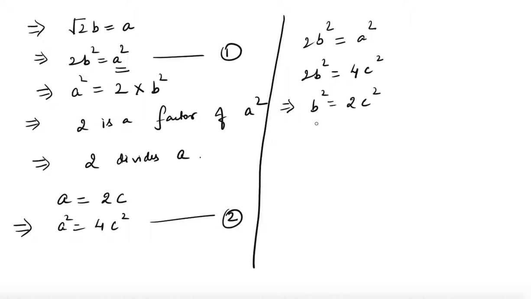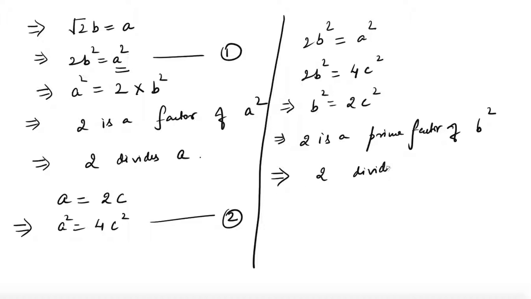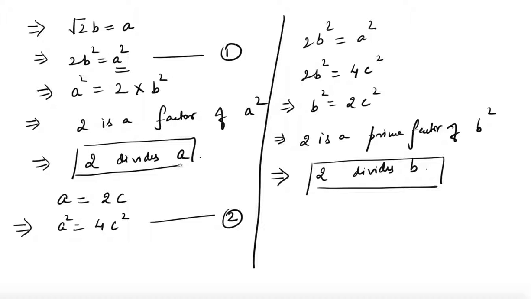So from here again we can interpret that 2 is a prime factor of b square, that is 2 divides b square. Then as per our initial theorem, 2 also divides b, right? This is what we concluded from here, and from the earlier step we concluded that 2 also divides a.